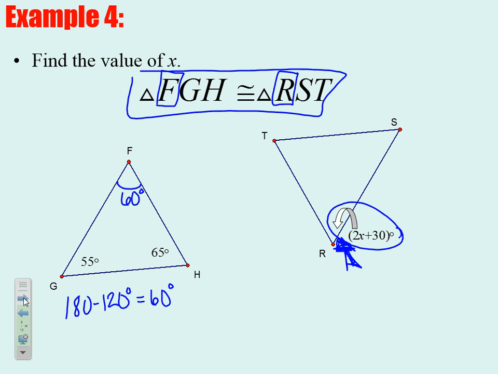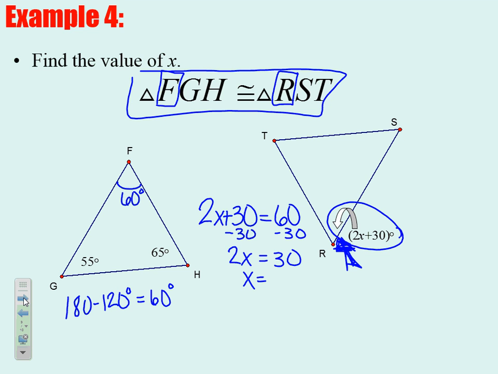We know that those two have to be the same. So we'd say 2x plus 30 equals the 60 degrees from the other triangle. And now we can go ahead and use our algebra skills to solve for x. 2x would be 30, x would be 15. So we found the value of x by understanding that these two triangles are in fact congruent.